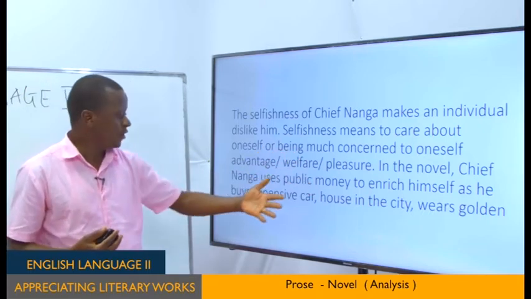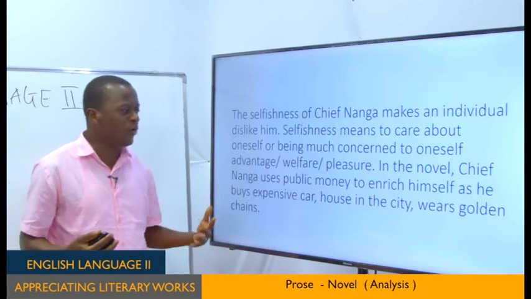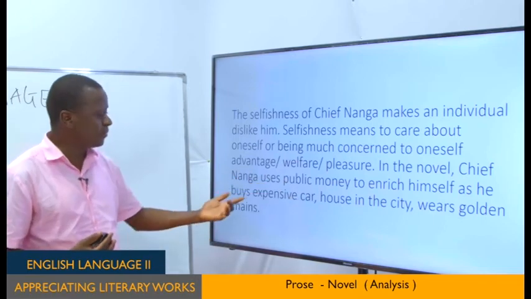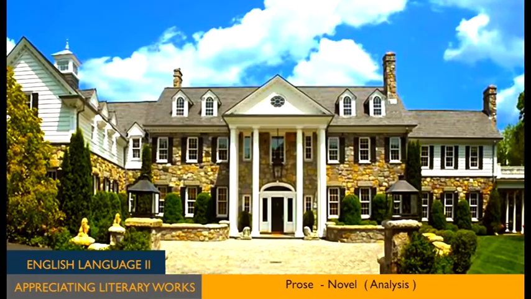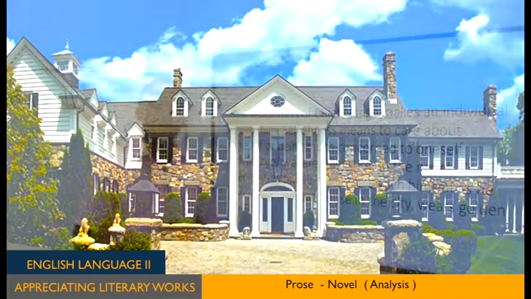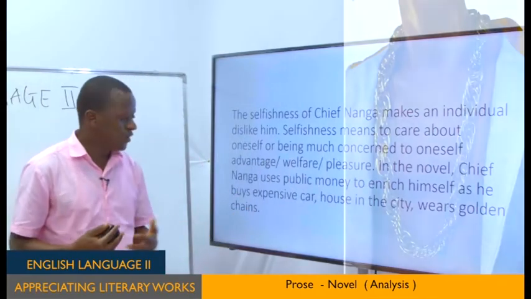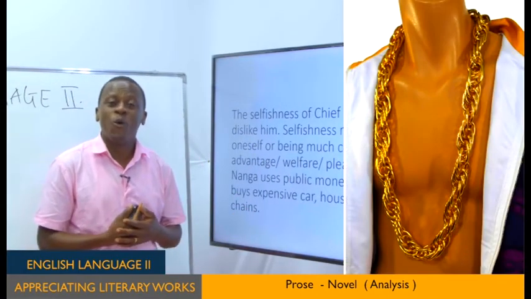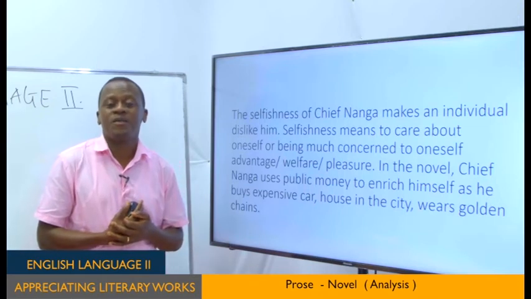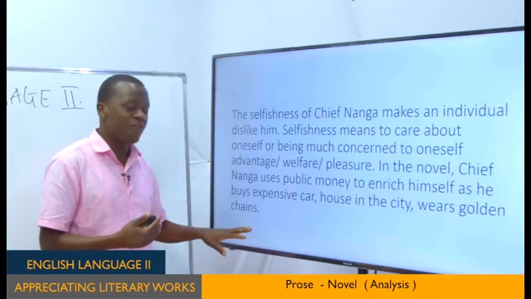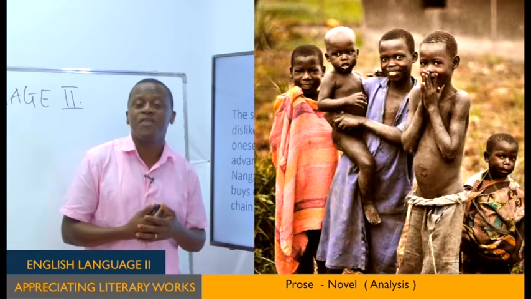Now, in the novel, Chifranga uses public money to enrich himself as he buys an expensive car and an expensive house in the city of Bori. Again, he wears golden chains and expensive clothes. In the same society of Nanga, there are people who are starving. There are beggars.